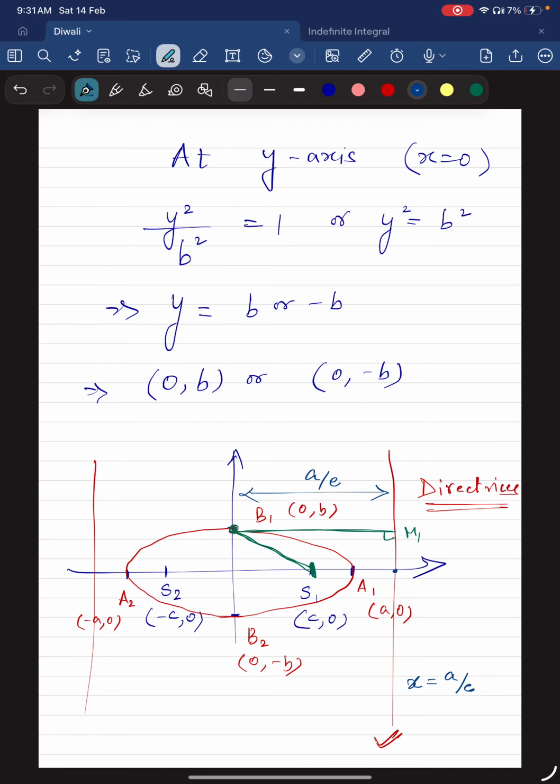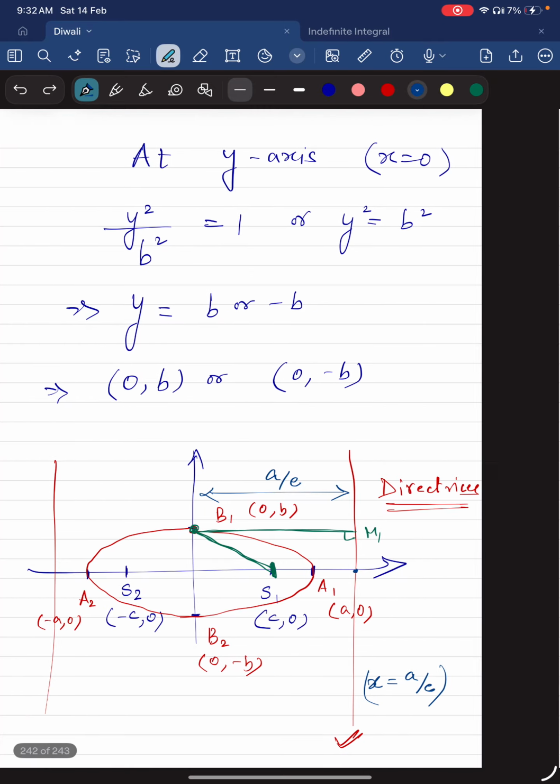The reason is very clear, because x is equal to A by E clearly shows that A is getting divided by E. And when I divide a value by a value less than 1, because eccentricity is less than 1, this complete expression A by E would obviously be greater than A. Because when we multiply something with a value less than 1, the value decreases. When we divide something with a value less than 1, the value increases. So this value A by E would be greater than A. So I can clearly say that this particular directrix would be on the right side of the vertex A1.